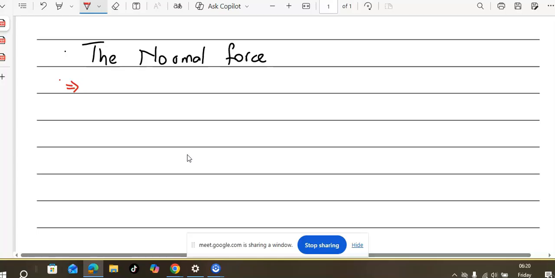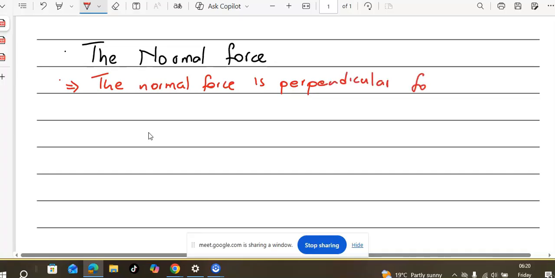We are saying that the normal force is, let's not say it's a force, but a perpendicular force.